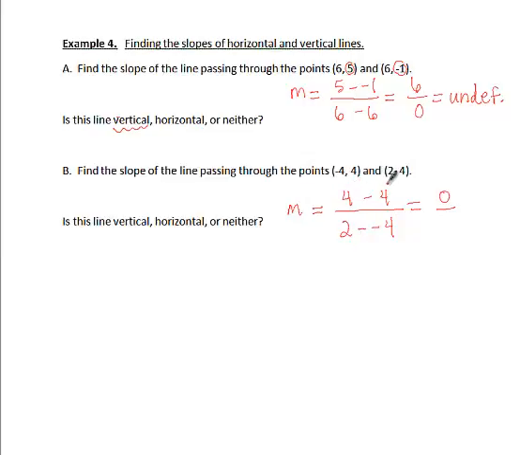It could swap the 4's, but you'd still have 4 minus 4. So I chose to go with the 2 first, so 2 minus a minus 4, we end up with a positive 6 on the bottom, and 0 divided by a non-zero number gives you 0. So with the slope of m equals 0, we are dealing with a horizontal line.